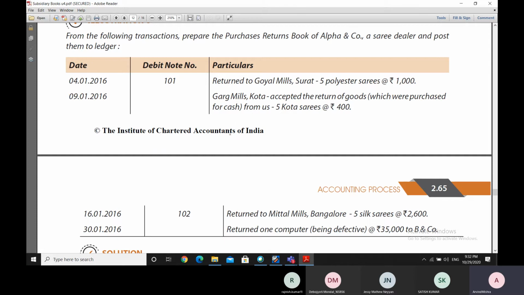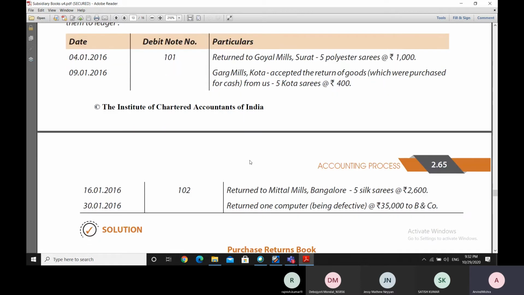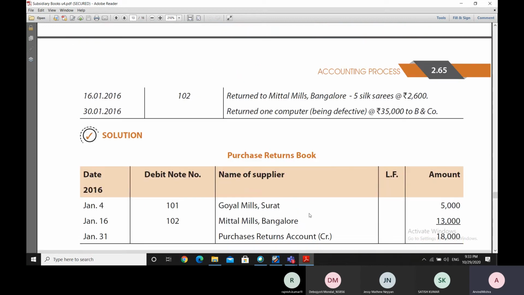Then on the 16th of January, a goods return is being made to Bethel Mills, and when a goods return is being made, a debit note is being issued. As you can see, 5 silk saris at 2,600 per piece. And on 30th, the return of one defective computer at the rate of 35,000 to B and company.